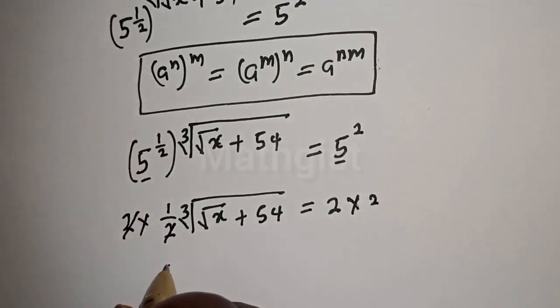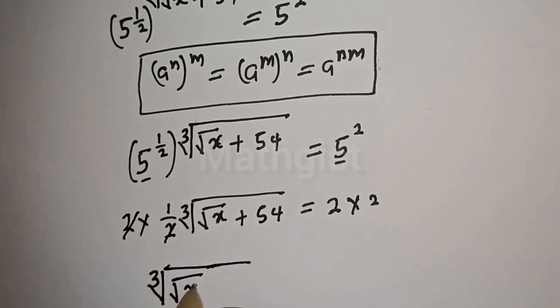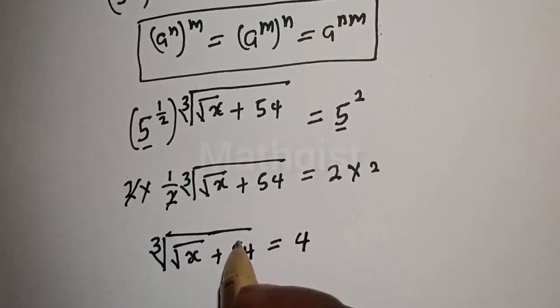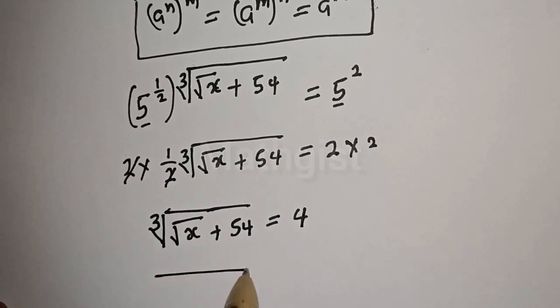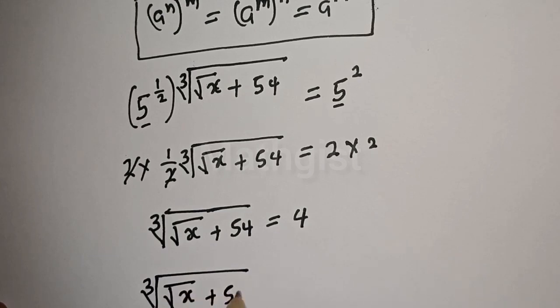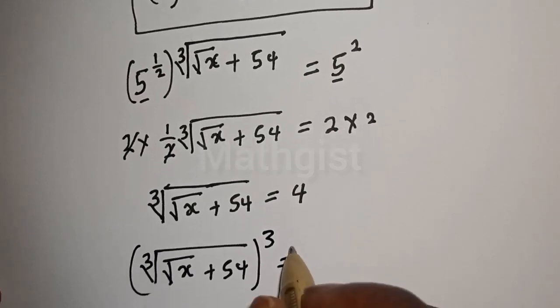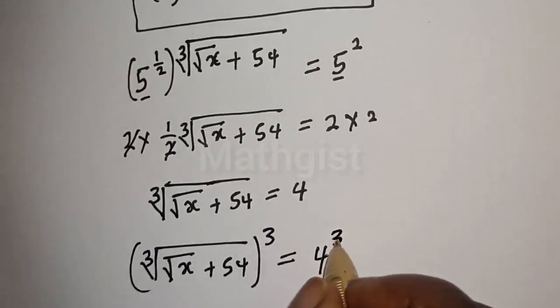We are left with cube root of square root of s plus 54 is equal to 2 times 2, that is 4. Let's multiply the exponent of both sides by 3, that is cube root of square root of s plus 54 to the power of 3 is equal to 4 raised to power 3.